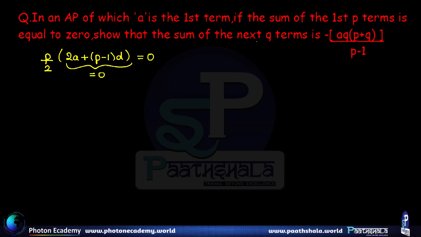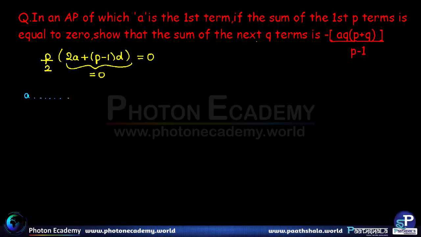Okay, so next they have said, show that the sum of the next Q terms is this. So the series will be something like, say it starts from A, the first P terms and then the next Q terms.